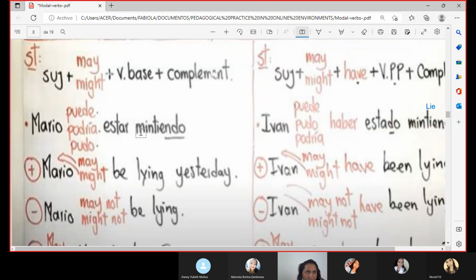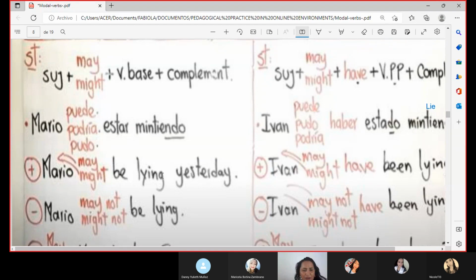De acuerdo a que ese may y ese might es de acuerdo a si es formal o informal, pero traducen lo mismo. Puede, podría o pudo. ¿Listo? Entonces decimos, Mario puede estar mintiendo. Mario podría estar mintiendo. O Mario pudo estar mintiendo. Cualquiera de esas tres es correcto. Entonces, you say, Mario may be lying yesterday.